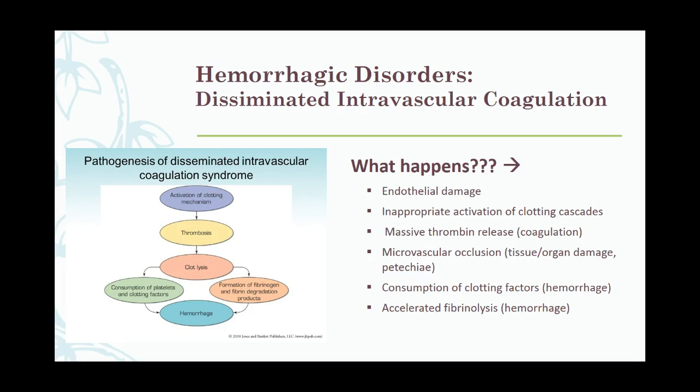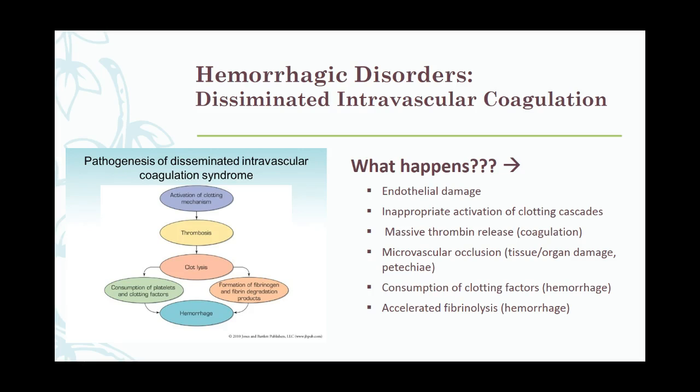And then we have a microvascular occlusion that happens in the tissue and in the organs, and that causes damage, and you'll see petechiae as a result of that. Then we have a consumption of clotting factors. So, because our body has consumed all of its clotting factors, now you will start to see hemorrhage, and we'll see an accelerated fibrinolysis, which will continue to cause hemorrhage.